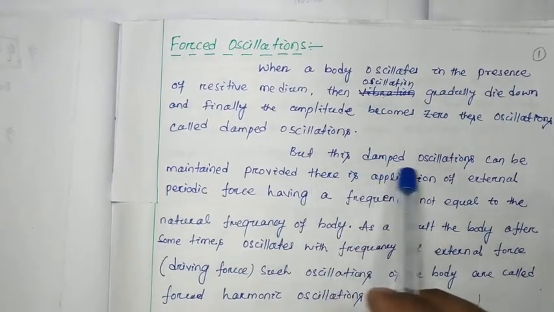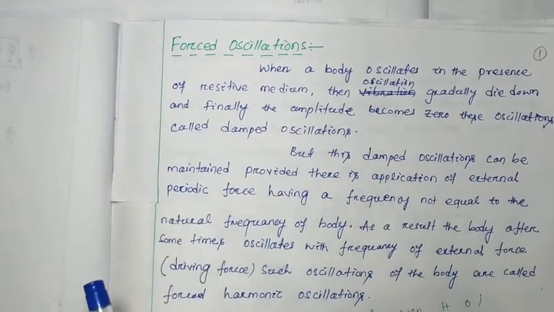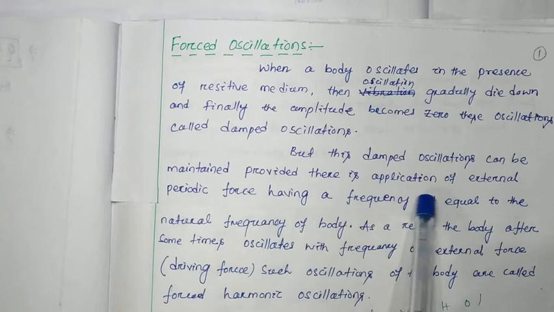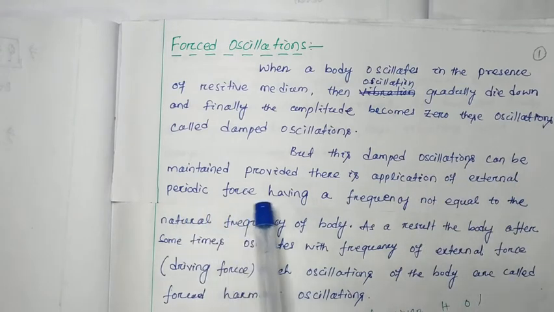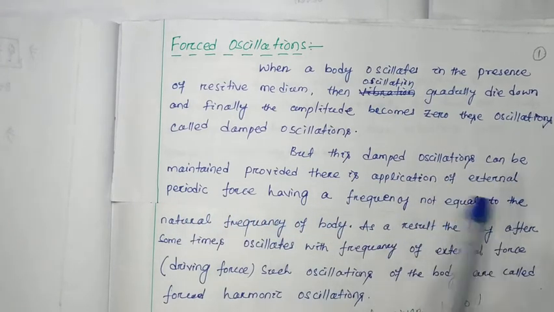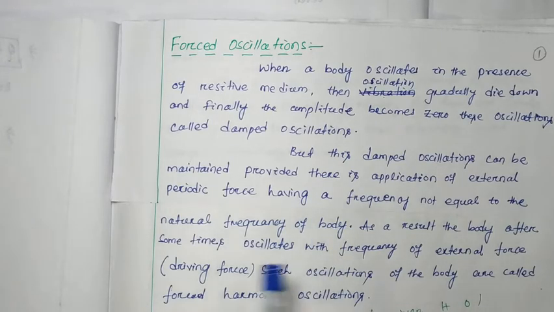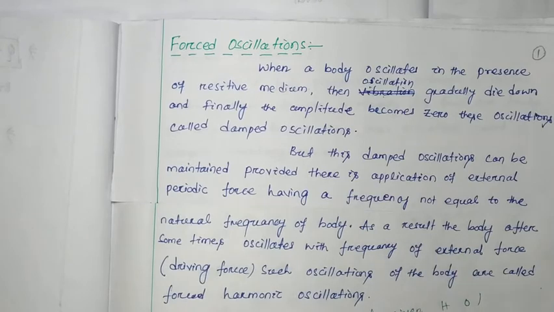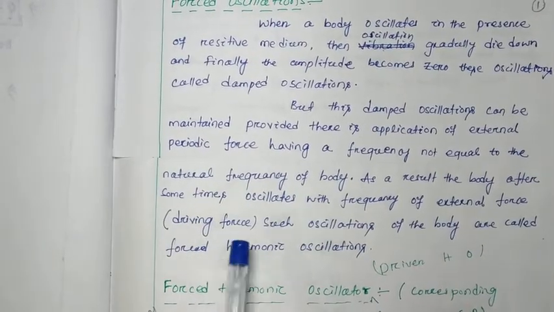But this damped oscillation can be maintained, provided there is application of an external periodic force having a frequency not equal to the natural frequency of the body. As a result, the body after some time oscillates with the frequency of the external force, that is called the driving force.